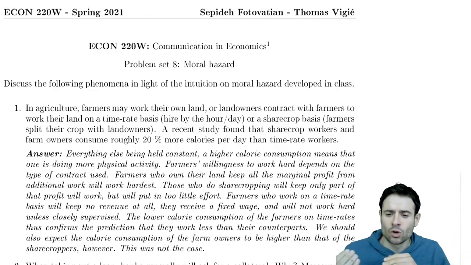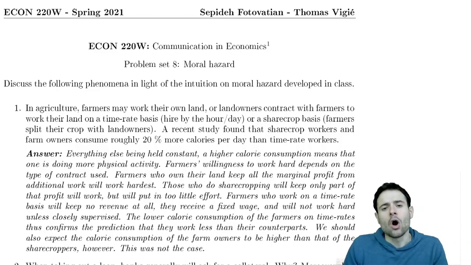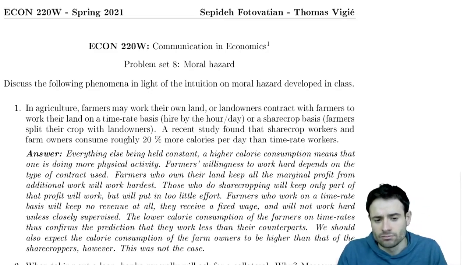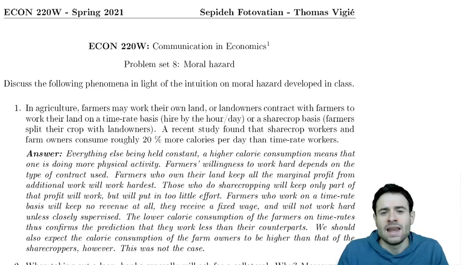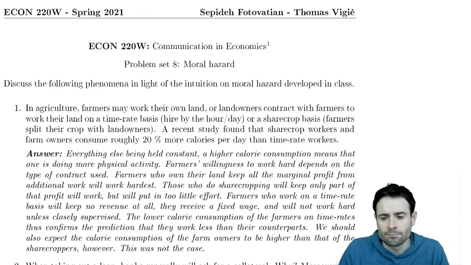So the farmer's willingness to work hard depends on the type of contract that is being used. Farmers who own their land keep all of the marginal profit from additional work. So if they work 1 extra hour, all the money generated will go directly to their pockets in the form of profits. Those who do sharecropping will keep only a certain part of that profit, so they will probably put in less effort than if they owned the whole land.